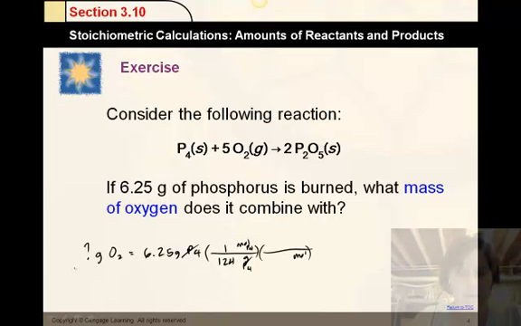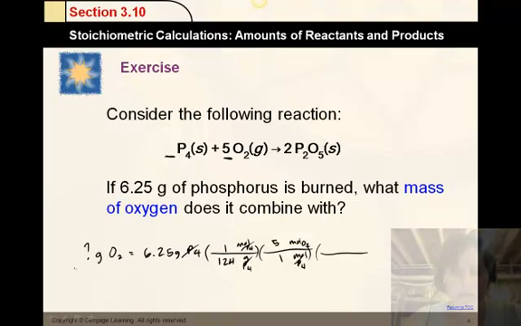And then we go from moles of P4 to moles of O2. For this, we look at the balanced equation. You notice in front of P4, there's a 1, and in front of O2, there's a 5, and that's what I put in front of the mole ratios.